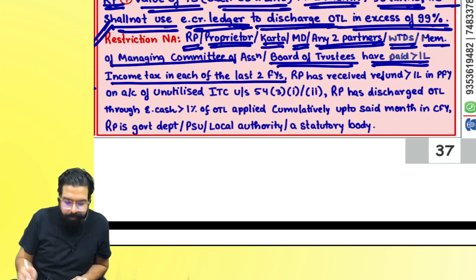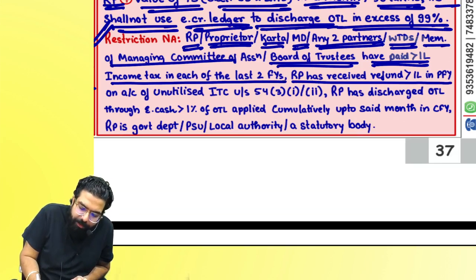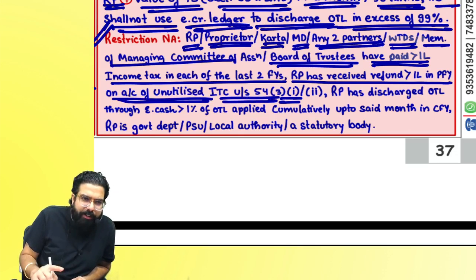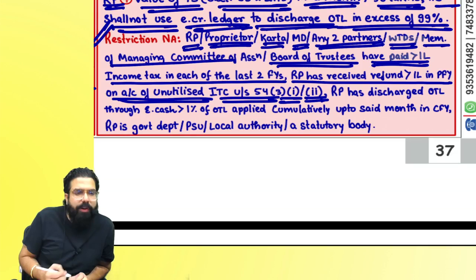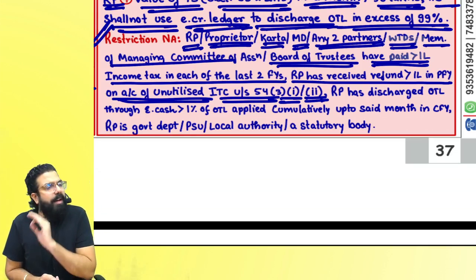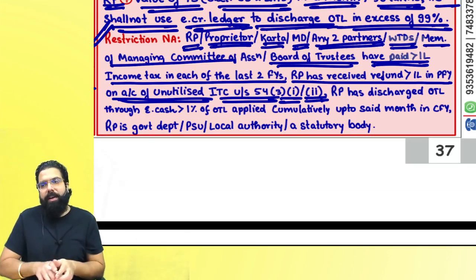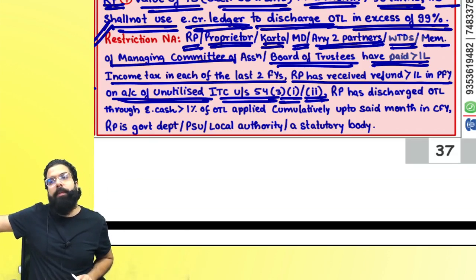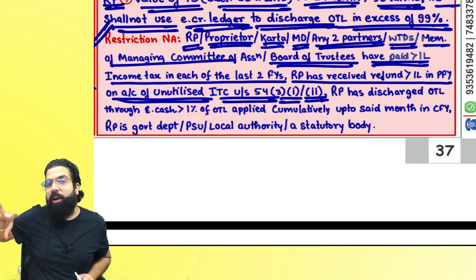Yes, everyone. Next, the registered person has received a refund in the preceding financial year on account of unutilized ITC under section 54(3). Basically, your zero-rated supply refund or inverted duty structure refund in the preceding financial year was greater than 1 lakh. See, 1 lakh. Either in each of the last 2 financial years, you have paid more than 1 lakh in income tax, it is not clubbingly 1 lakh.